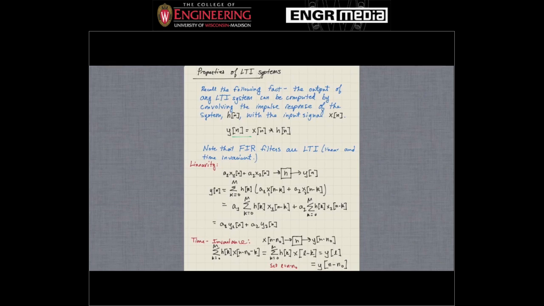Now I don't want to step through these equations one by one, but we're just basically taking the definition of linearity, and then we're taking an arbitrary FIR filter that's given by this equation here.